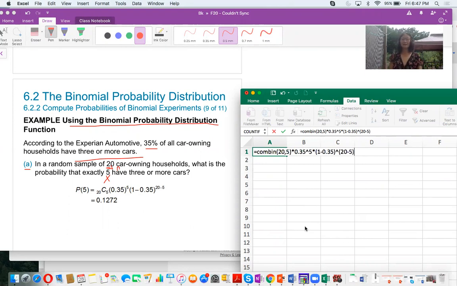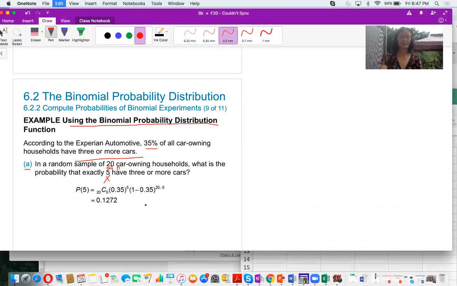That is the Excel formula to calculate. If I press enter, I get this number. I just want to copy this formula. So you can use Excel to do the calculation.